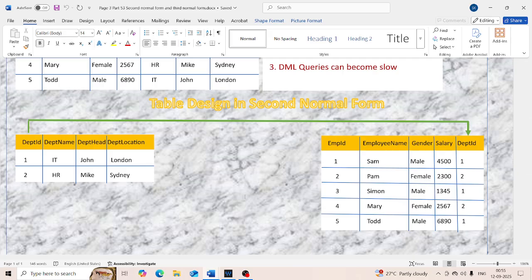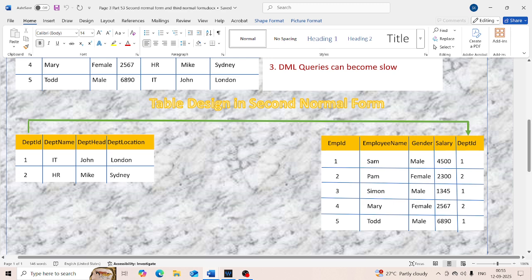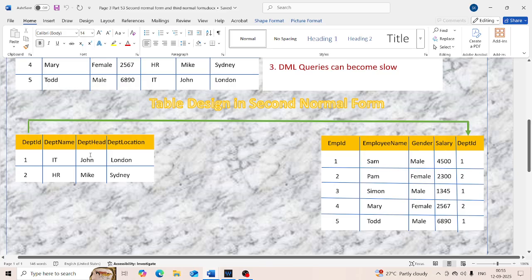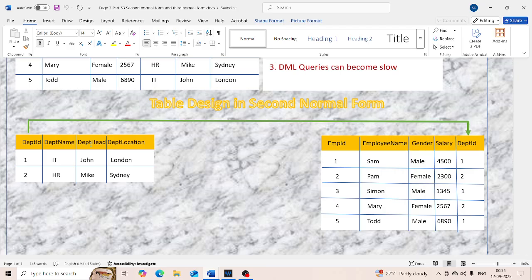We are only storing two rows, and your data will not be inconsistent anymore, because if you change the department head name, you will have to do that in this table. You either will do it or you don't do it.